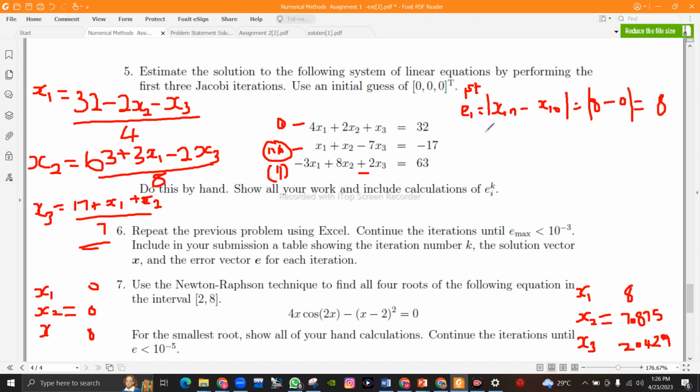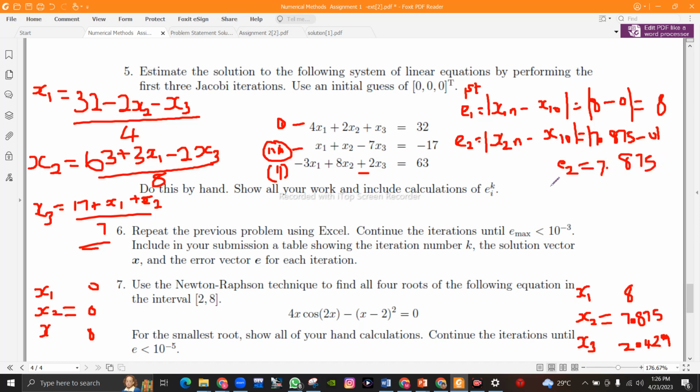Error 2 also would be the absolute value of x2 new minus x2 old, which equals to, what's x2 new? That's 7.875 minus 0. So we subtract that, our error 2 is equals to 7.875.